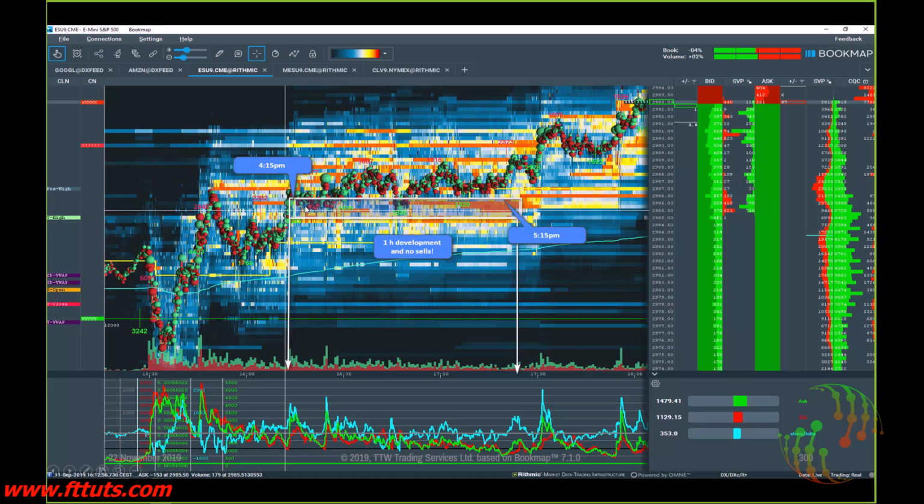You have enough time. Draw a rectangle and find your entry, maybe here at 86 in this case, and the stop is absolutely clearly definable. It must not go below this 84 area here. If this rectangle is broken, then something is amiss. You are out of this trade and wait for the next opportunity.